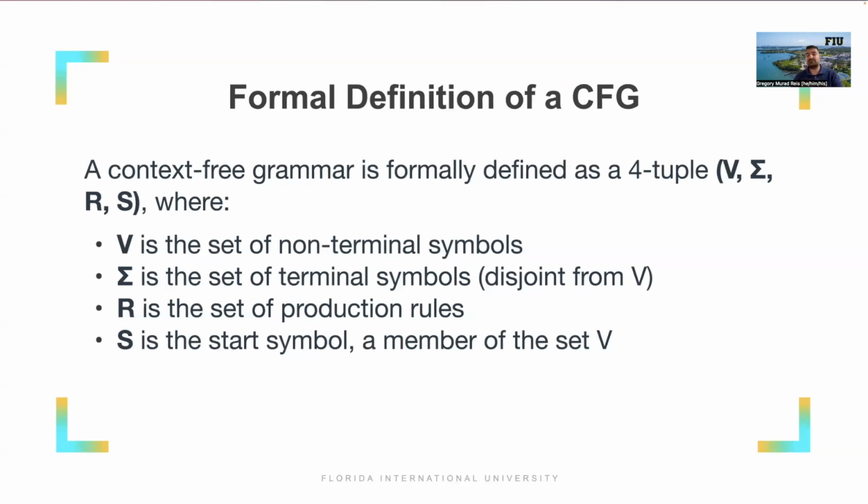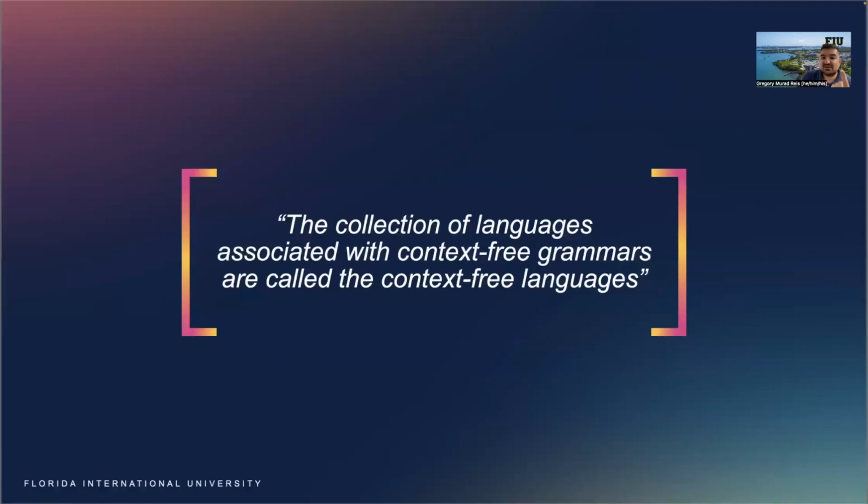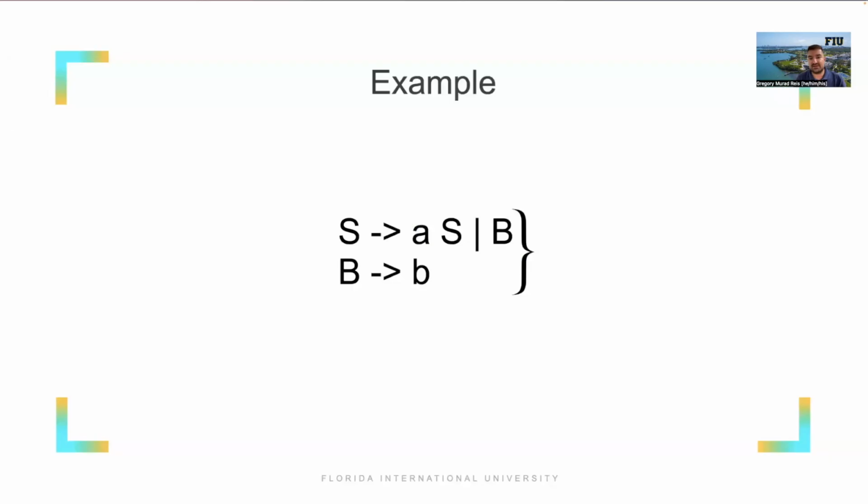It's a four-tuple: a set of variables, a set of characters, a set of rules, and the start variable, the one from which I will try to generate your source code. That's it. The collection of languages that can be generated by context-free grammars is called context-free languages. This is a simple example.